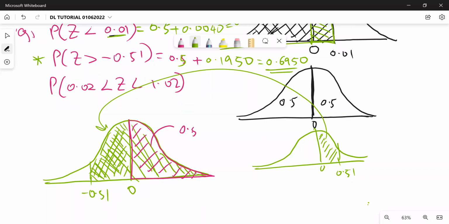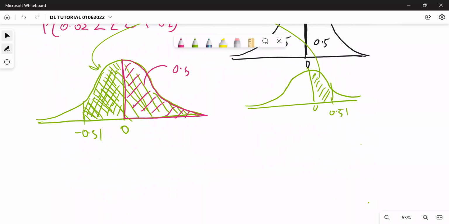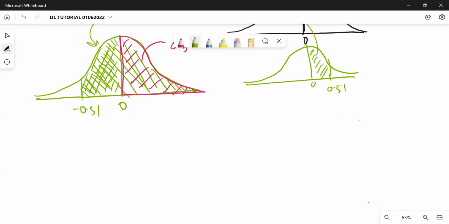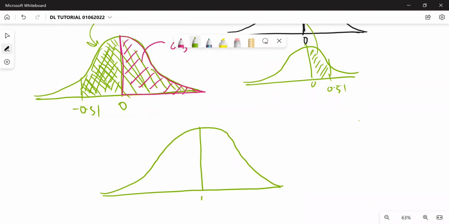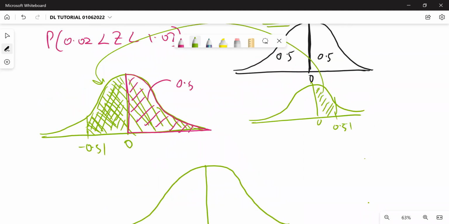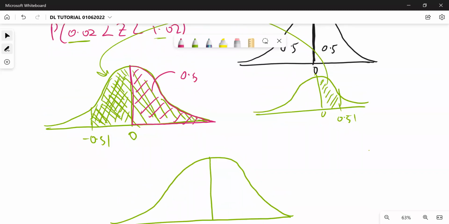Okay. Then finally, the probability that Z is between 0.02 and 1.02. So we're talking about this area. It's good for you to note whether this number is positive or negative, to know whether you are on the right-hand side of the midpoint or on the left-hand side. So these two numbers are positive.